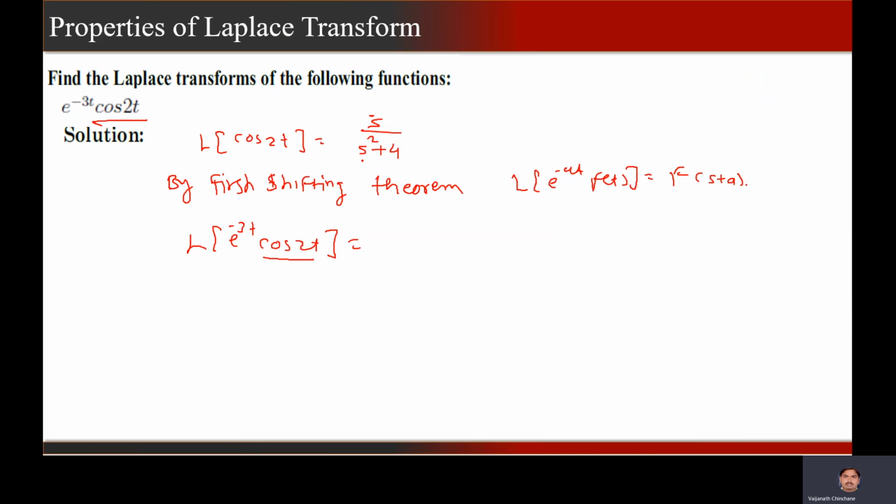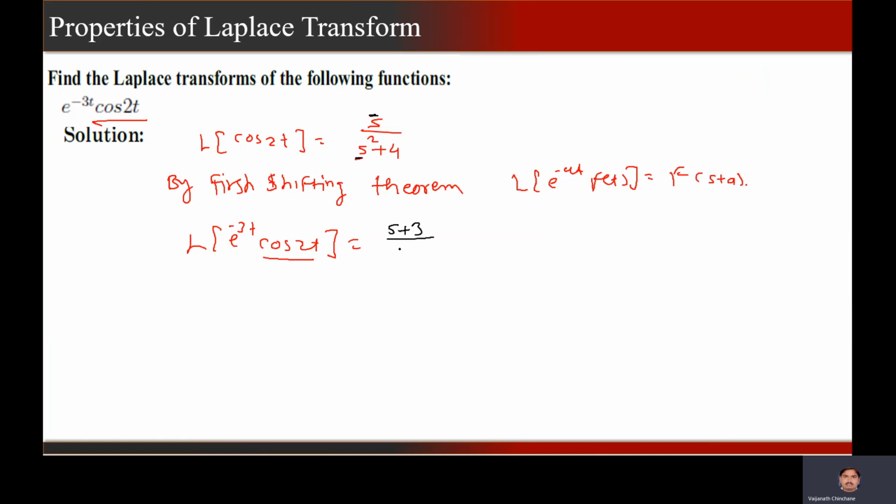Now s is here as well as here, so that s should be replaced by s plus 3.